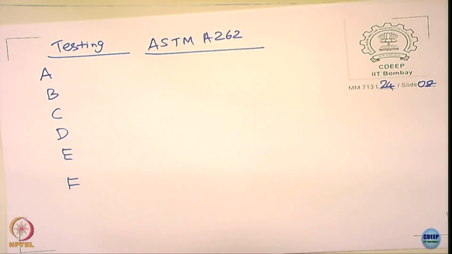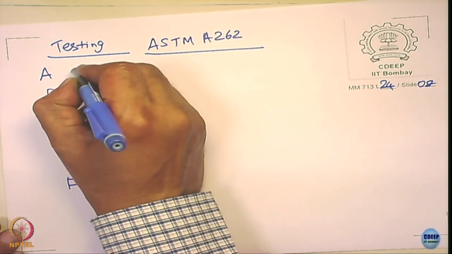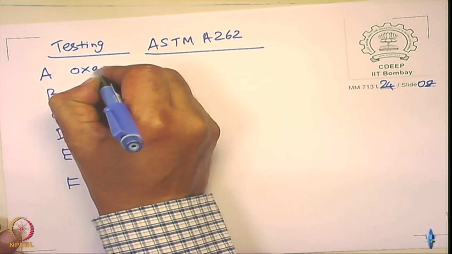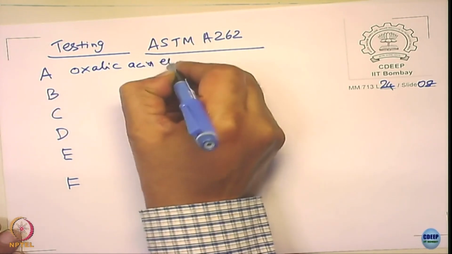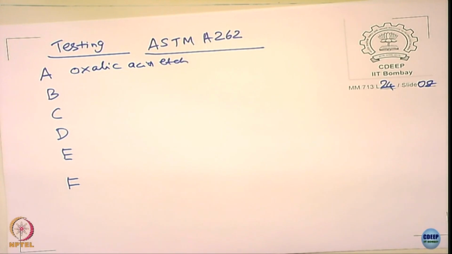Various types of tests people do. Predominantly people use type A, which is called the oxalic acid etch test. You might have done a test in the lab, right?